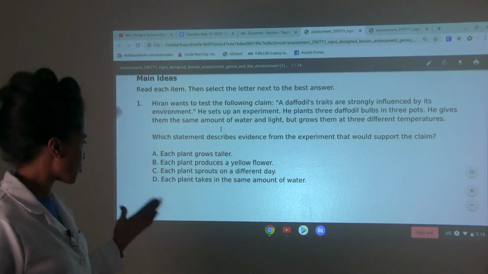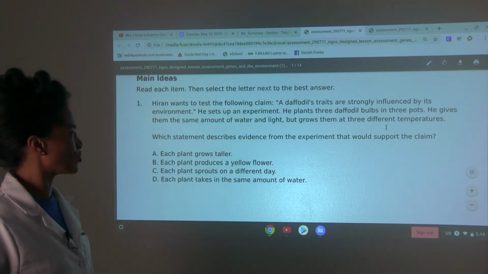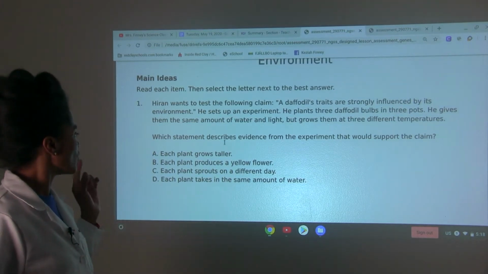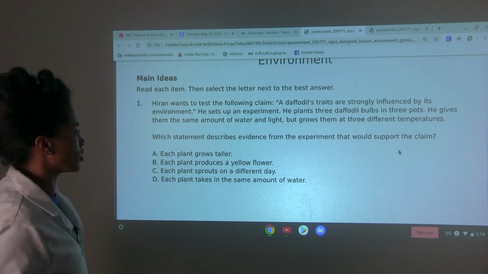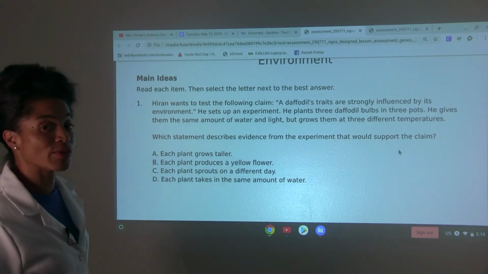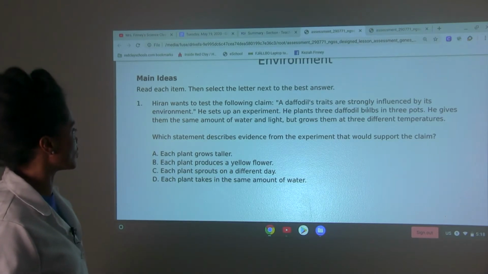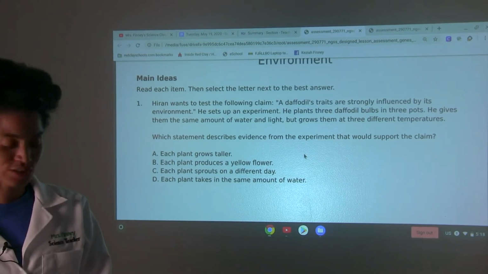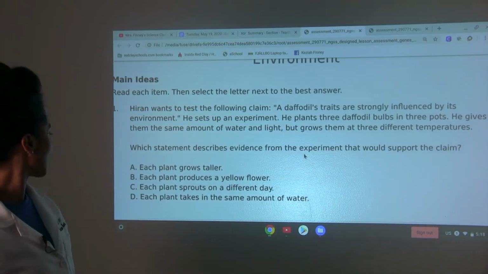He gives them the same amount of water and light, but grows them at 3 different temperatures. What statement describes evidence from the experiment that would support the claim? Remember, the claim is a daffodil's traits are strongly influenced by its environment. Which statement describes evidence from the experiment that would support the claim?